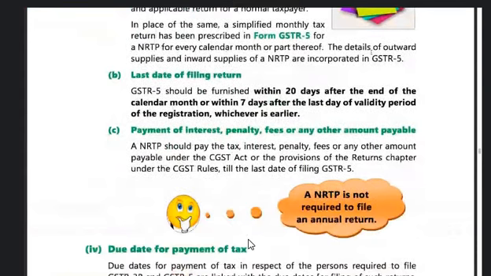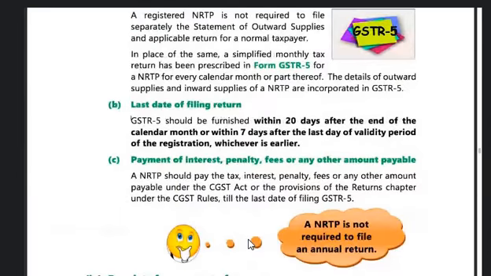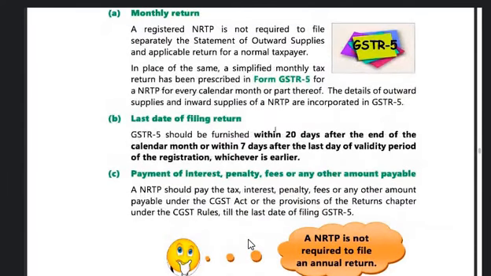So last date of filing return should be within 20 days after the end of the calendar month or within 7 days after the last date of validity period of registration. So we have seen that non-resident taxable person, his certificate of registration is valid for the particular period. So what is the due date?